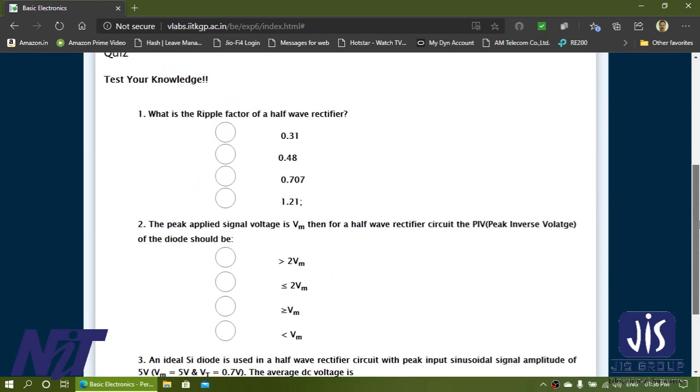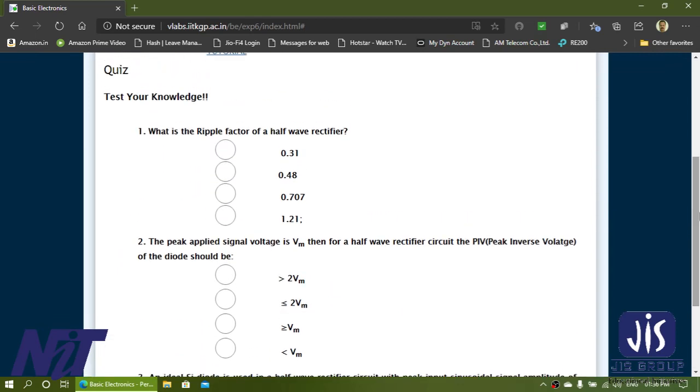Here 3 questions have been given, very simple questions. For question number 1, what is the ripple factor of a half wave rectifier? We already found our ripple factor for a half wave rectifier as 1.21.